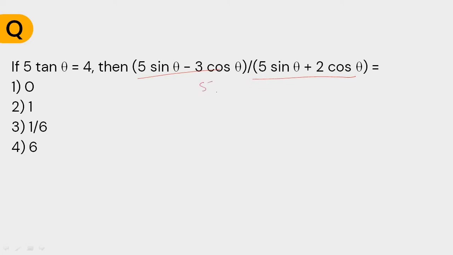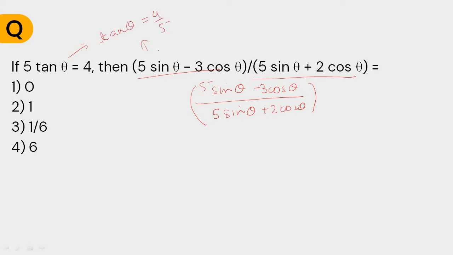So we have to just write this 5 sin theta minus 3 cos theta upon 5 sin theta plus 2 cos theta. Okay, and we can write here, tan theta is equal to 4 by 5. We know that tan is perpendicular upon base. So here it is 4, here it is 5.